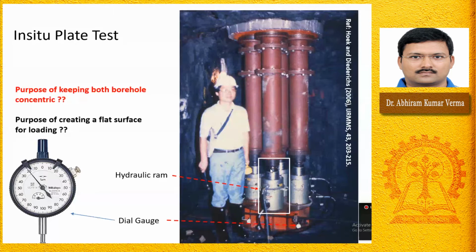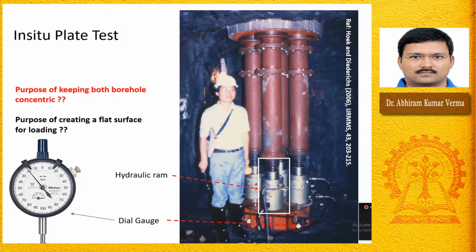It will depend upon the capacity. Accordingly, you can select the size of the jack which is required to apply this load. Based on the requirement, you can select the jack capacity, right? So here we are using 4 different jacks.